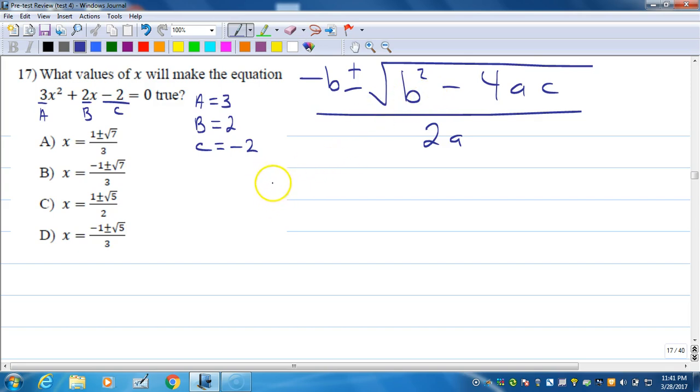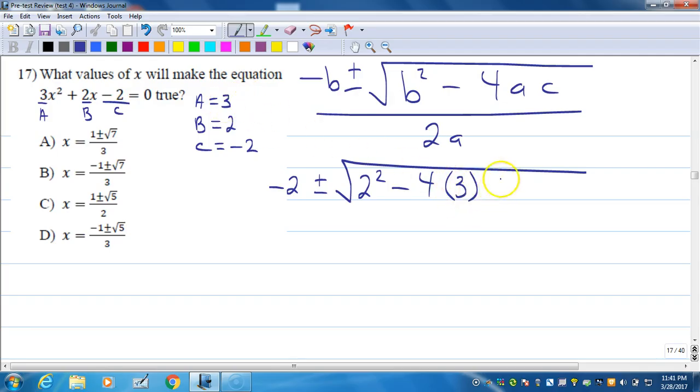Okay, kind of, not really. There's a negative sign here, so put a negative. b is 2, plus or minus the square root, b squared, b is 2, minus 4 times a is 3, times c, and c is negative 2.